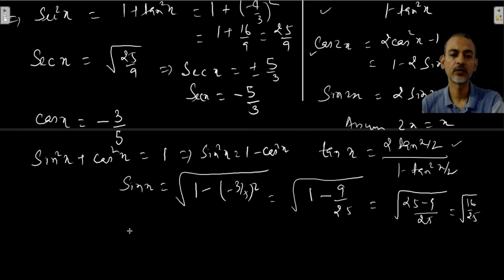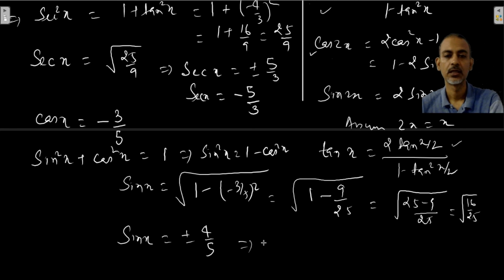So sin x will become plus and minus 4 by 5. But we know since it is in the second quadrant, sin x equals plus 4 by 5.